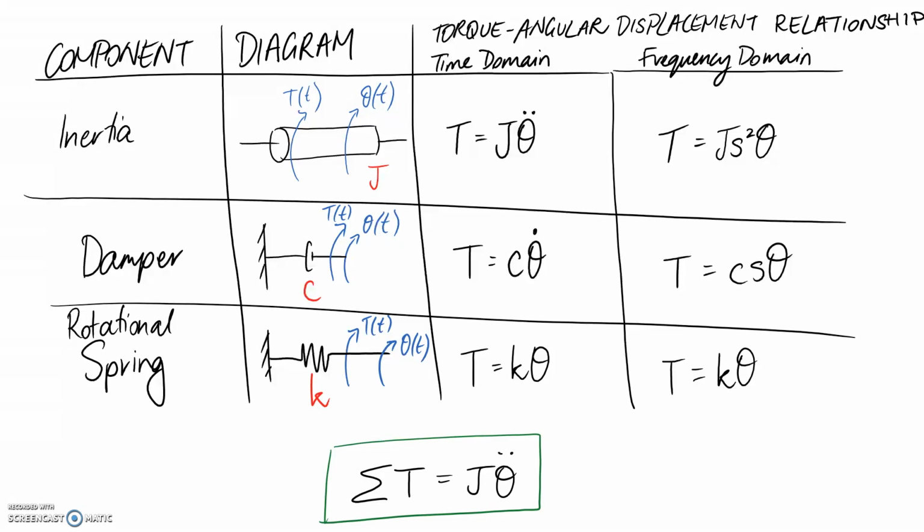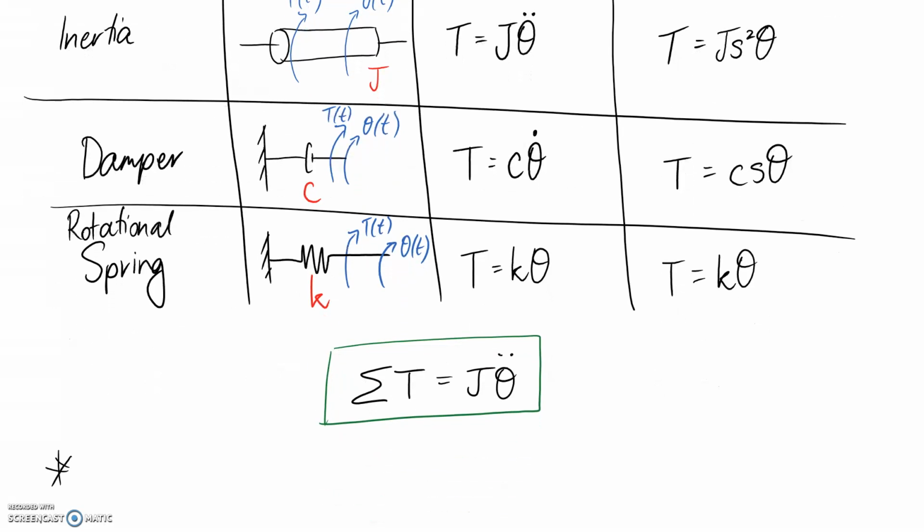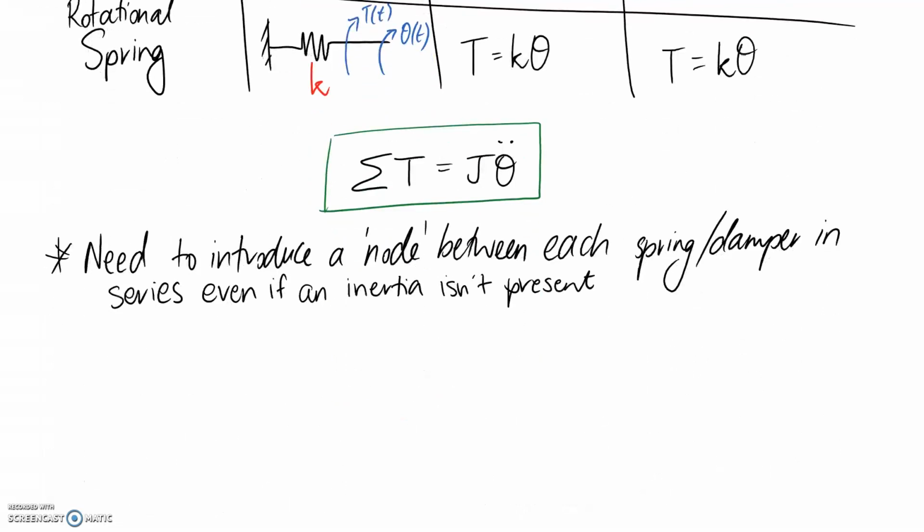The very last thing I want to note is that for these systems, we need to introduce a node between each spring and damper that are in series, even if there isn't an inertia present. What I mean by that is, let me draw an example.